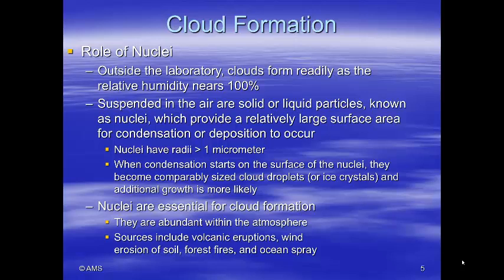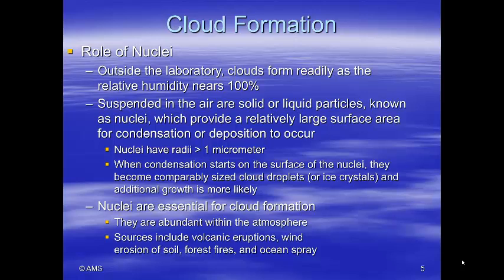The nuclei have radii greater than 1 micrometer. So it's larger than our largest water droplet. So when condensation starts on the surface of the nuclei, they become even bigger, and they can get together and collide with even more water molecules. These nuclei are essential for cloud formation.